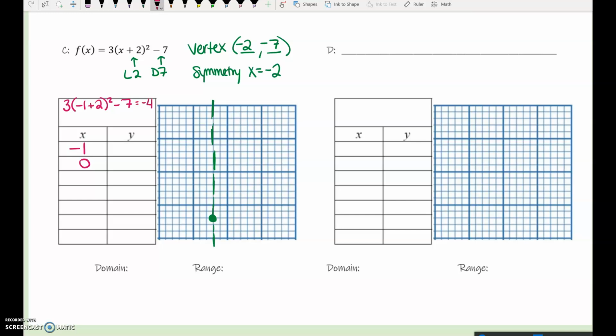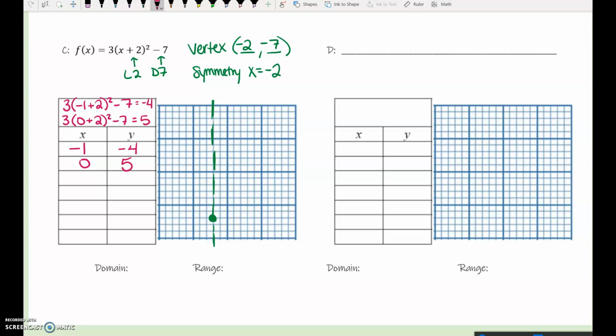I believe that's -4. And then plug in 0. Zero plus 2 is 2. 2 squared is 4. 4 times 3 is 12. And 12 minus 7 is 5.